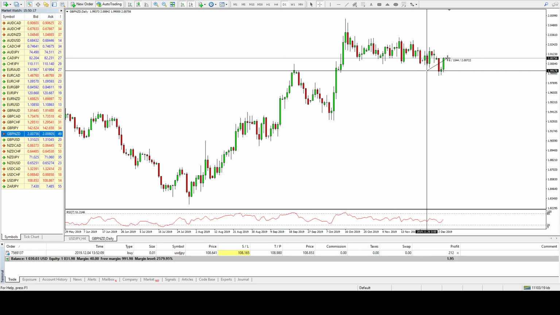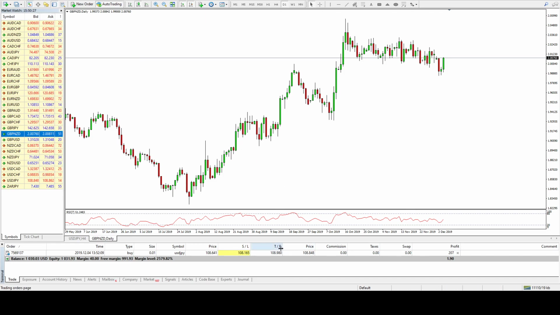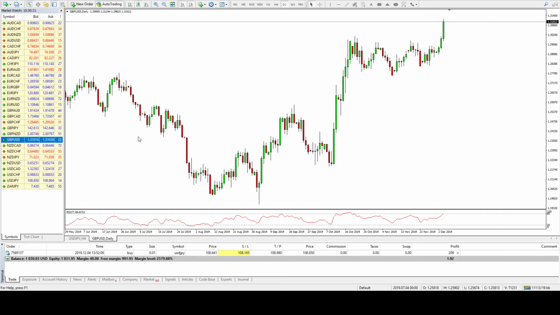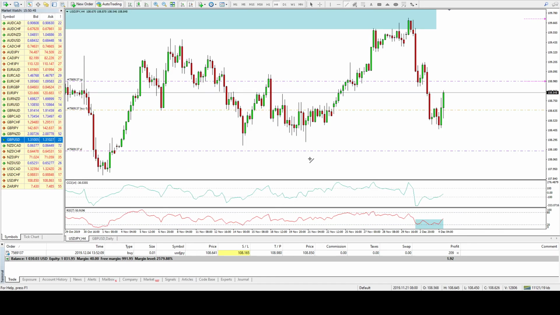150 pips move today. That's a good move too. Okay, nothing really happening.